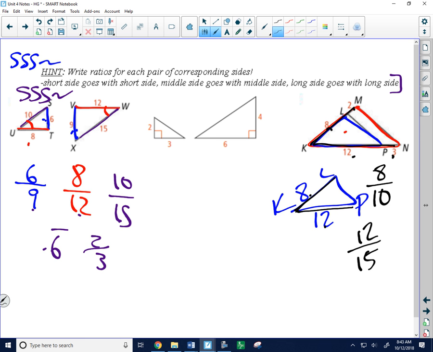Are those the same? They are. Each of them is 0.8. If you reduced them, it would be 4/5. So what we have is 2 sides that have the same ratio. That's good. But I don't know the third side, so I need to hope for an angle.